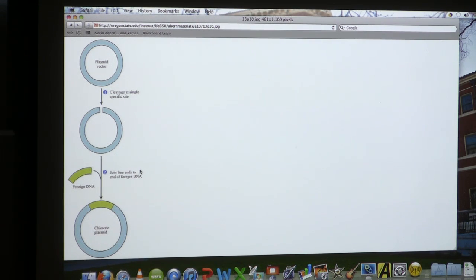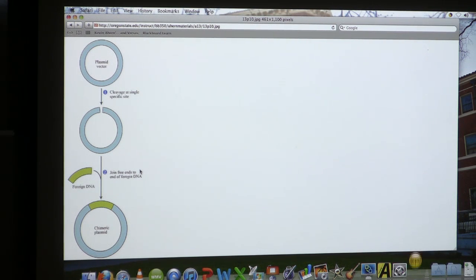So what I would like to be able to do is have that gene be in something that will replicate in bacteria. I would also like for that gene to be transcribed and translated in bacteria. And third, I would like to be able to select for the bacteria that get this gene.